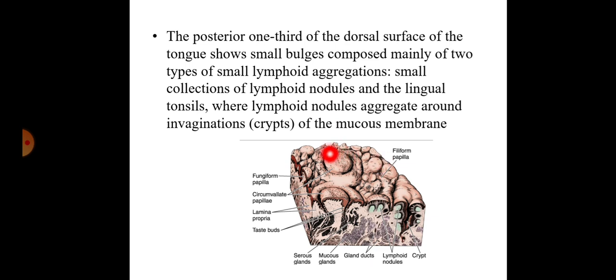In the posterior part of the tongue, or the postpharyngeal part, we can see many elevations. These elevations are formed by lymphoid tissue, arranged into two groups: lingual tonsil and lymphoid nodules. The lymphoid nodules are located near the opening or crypts of the gland.